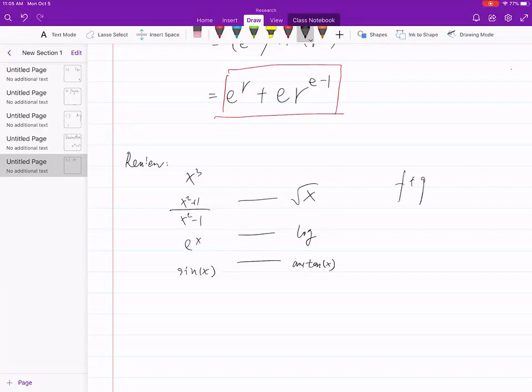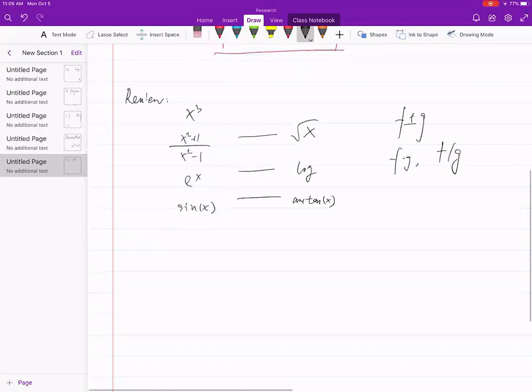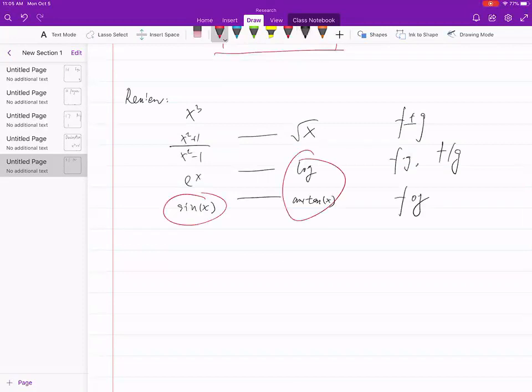F plus g, minus g, f times g, f divided by g, quotient rule and product rule, f circle g. The only thing left are this, and this. Now we're at the stage of doing the trigonometry functions.